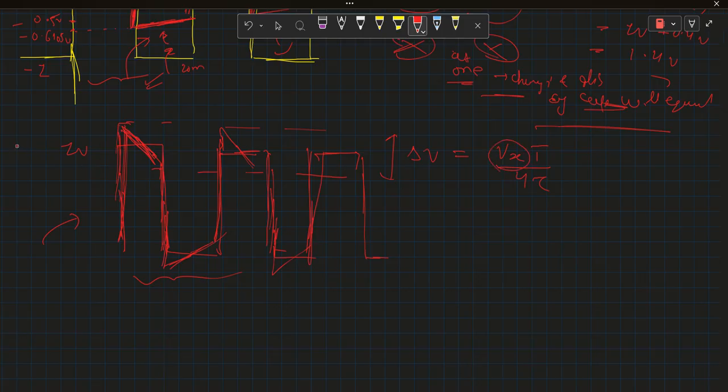Vx is this voltage. This is 2 Vx. So in our case, what is Vx? This is 1 volt. If we equate 1 volt to Vx, so our Vx will become... let me check one thing.